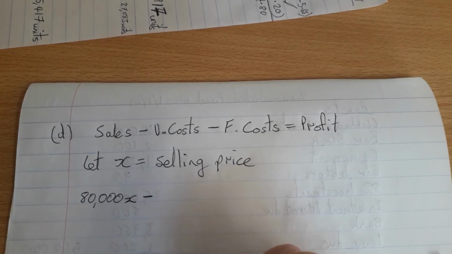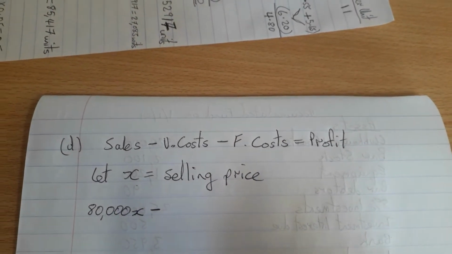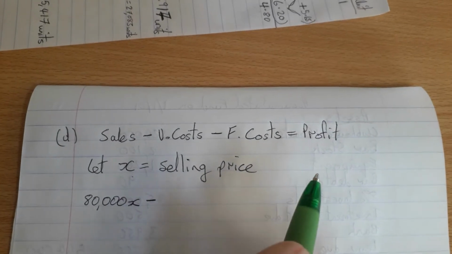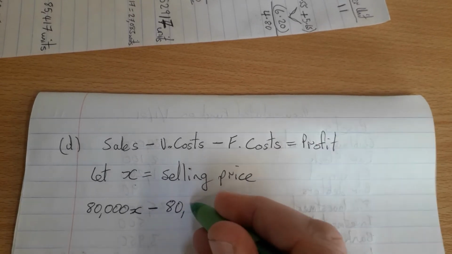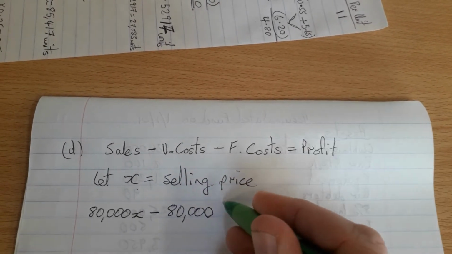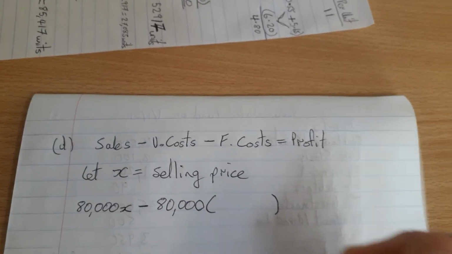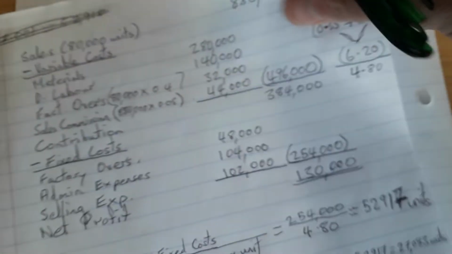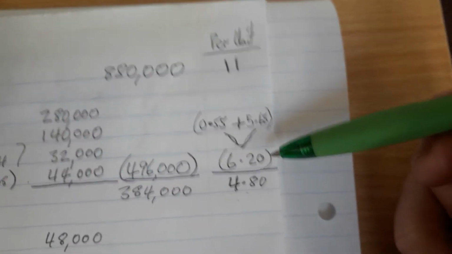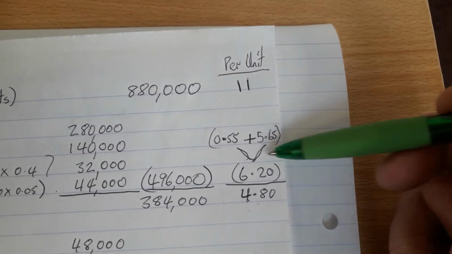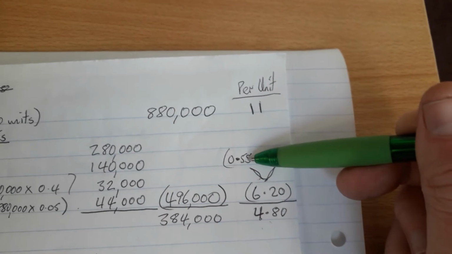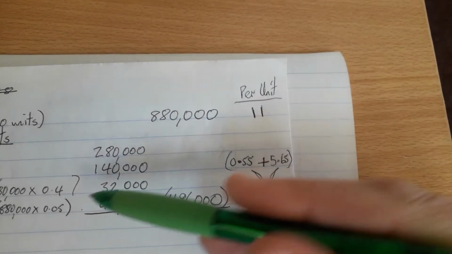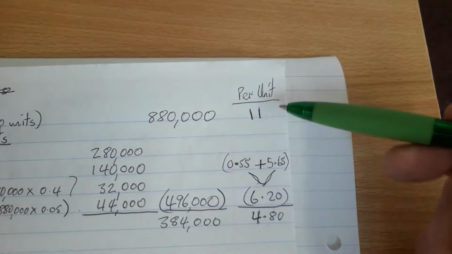Now your variable costs in total, again, are going to be 80,000 multiplied by your variable cost per unit. But we don't know the variable cost per unit yet, but we can certainly put in the 80,000 multiplied by part. But what are we going to multiply it by? Well, originally, if we go back to our original marginal costing statement, the variable cost per unit was €6.20, and that was made up of this part here, which was 5% of €11, which is 5% selling commission, 5% of sales.